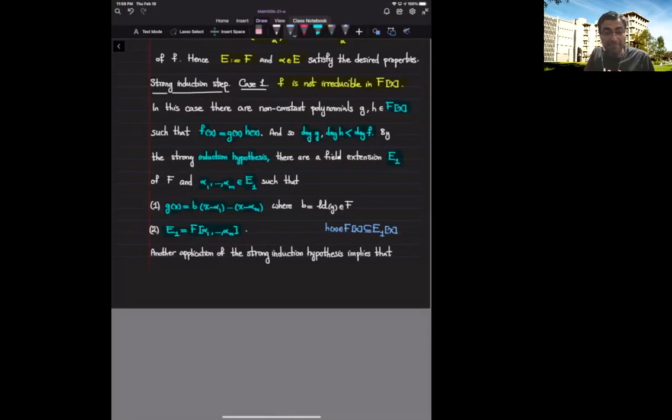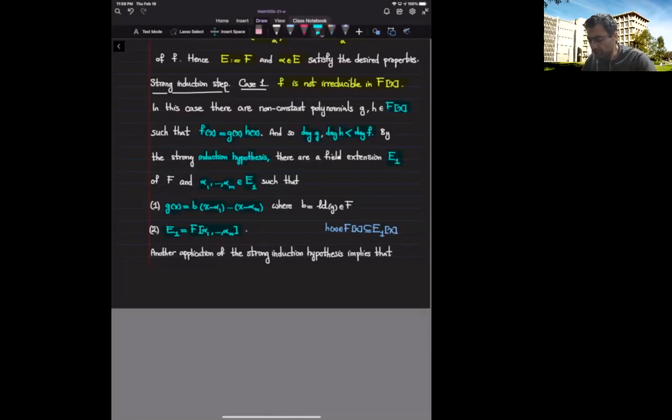Now, the degree of h is strictly less than the degree of f. So again, I can use the strong induction hypothesis, but this time for the polynomial h and the field E1. So I can add zeros of h into the field E1 and get a larger field that we call E.